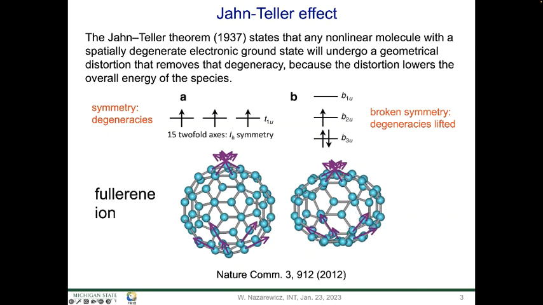I will comment in a moment about how it happens in atomic nuclei. But the lesson from this slide is that degeneracies are important, degeneracies are lifted, degeneracies are related to symmetries. So it's important to have states of high symmetry in order to get deformations which break this symmetry.